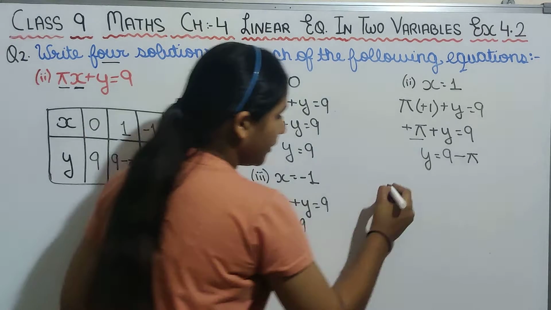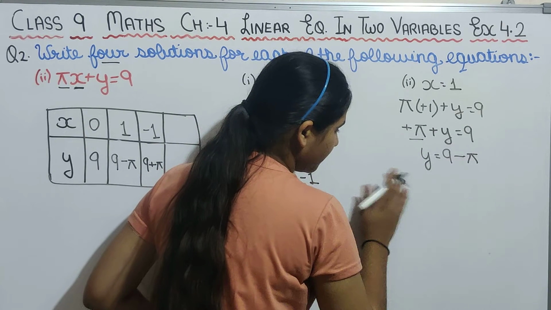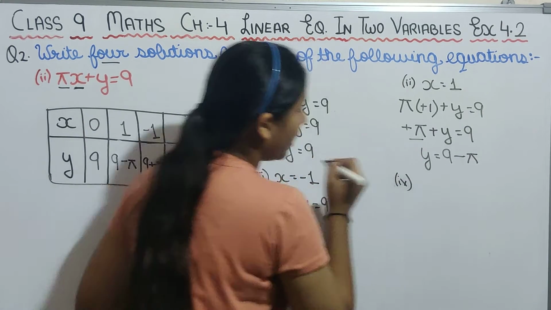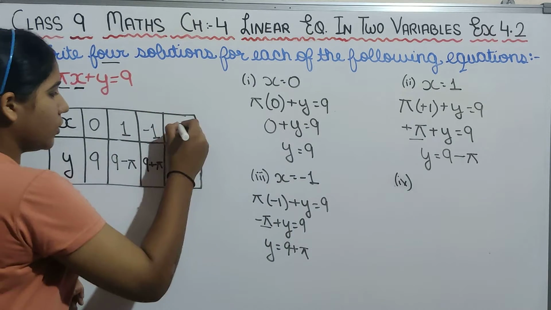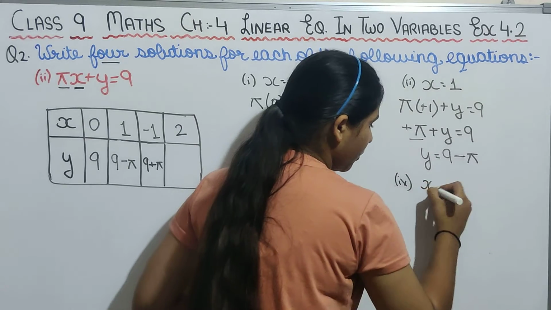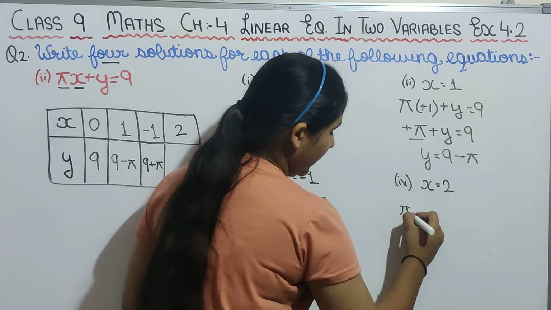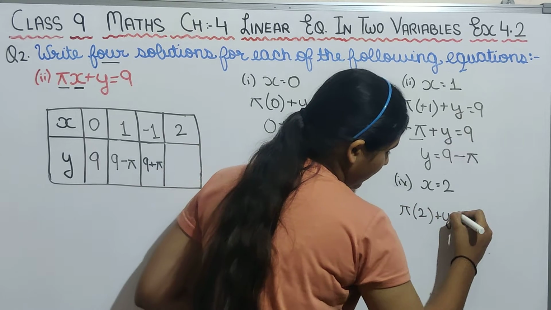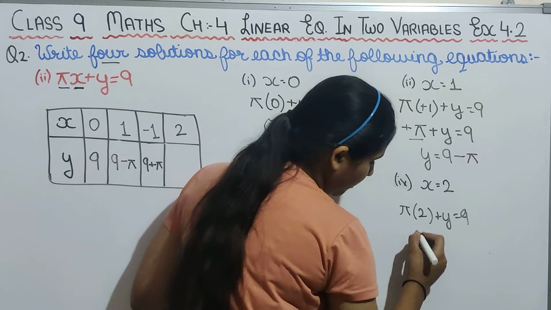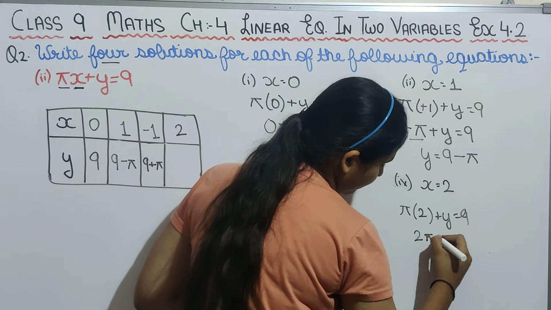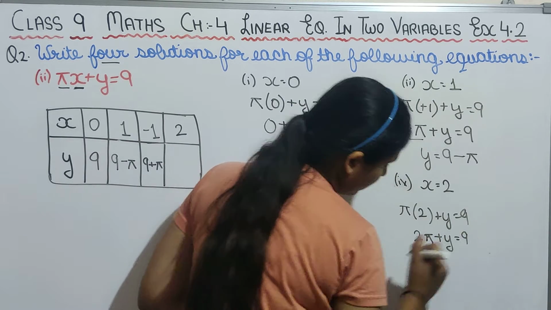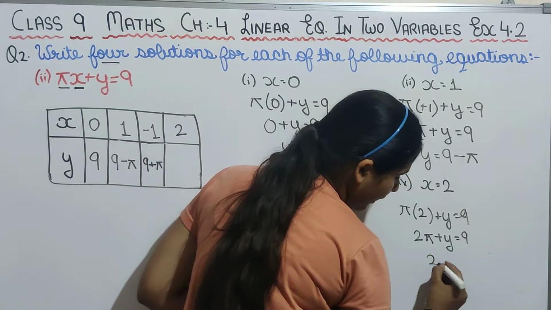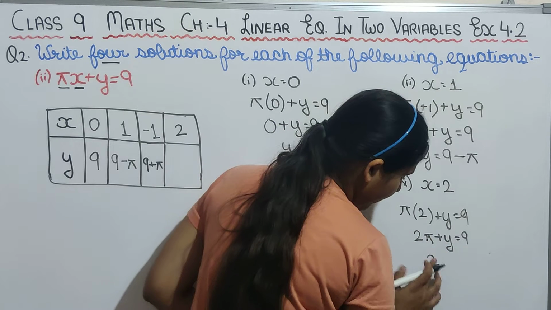Then for the fourth one, we can take any number. Let's take x as 2. Pi into 2 plus y is equal to 9. Pi 2s are 2 pi, plus y is equal to 9. Now we need to find the value of y.